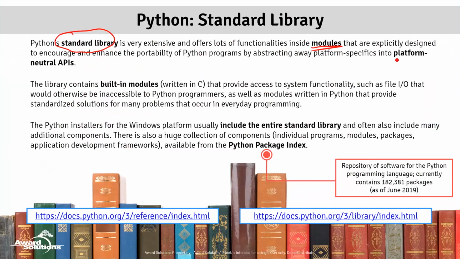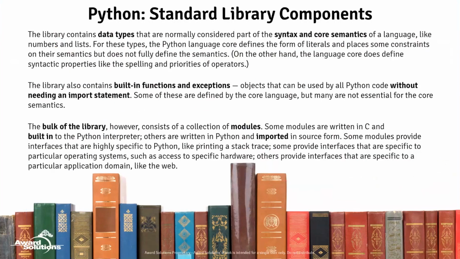There are platform-neutral APIs that allow us to do some very sophisticated things. There's also a very detailed Python package index if I need to install certain libraries onto my system. Some of the components of the library, sorry, I got ahead of myself. Some of the components of the library: it has specific libraries that deal with specific data types.